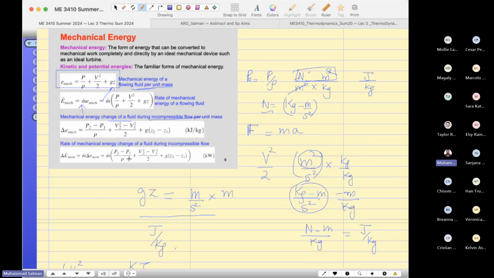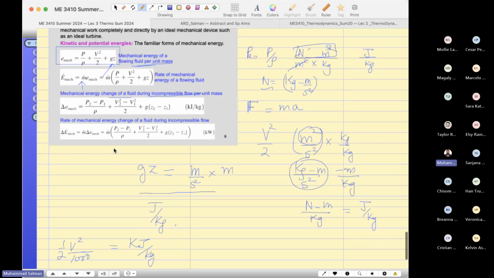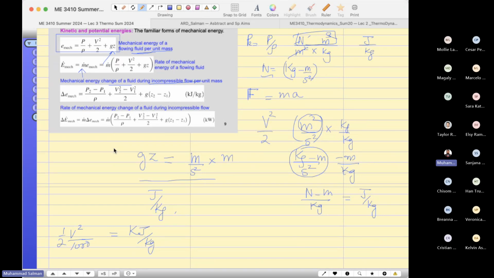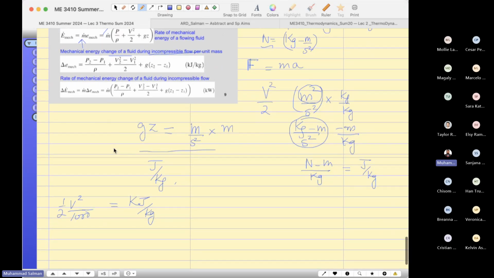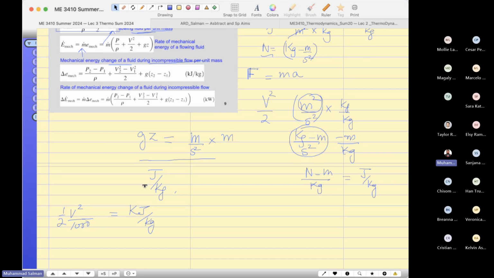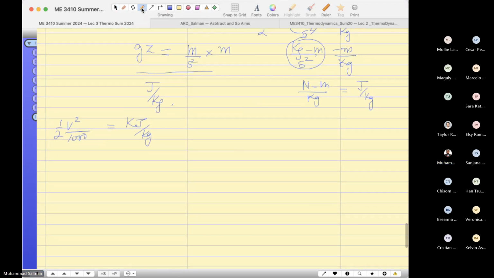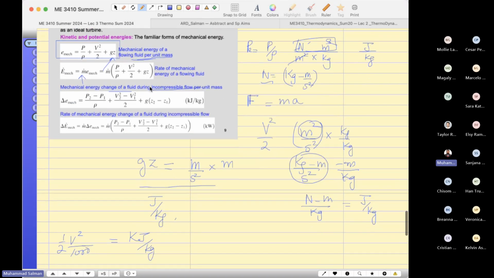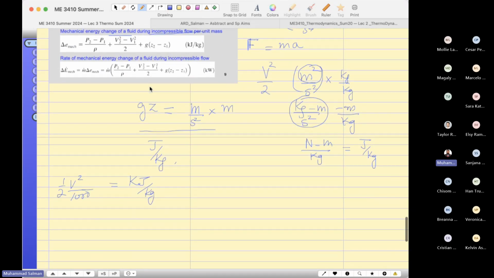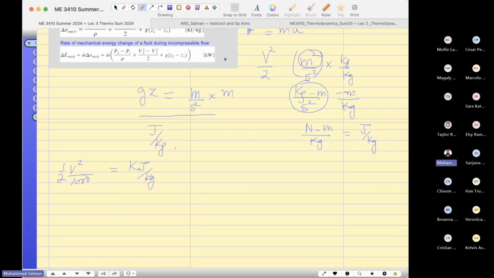You will multiply by mass flow rate to find out the power. And if you have to find the difference between the energies at two locations, you can use the difference formula here and multiply by the mass flow rate.